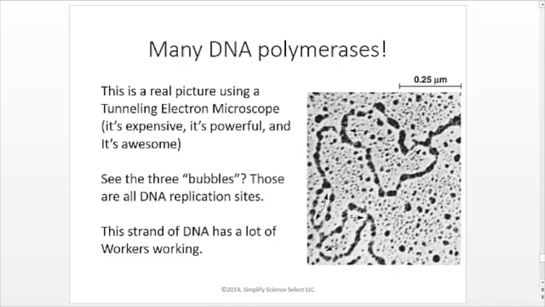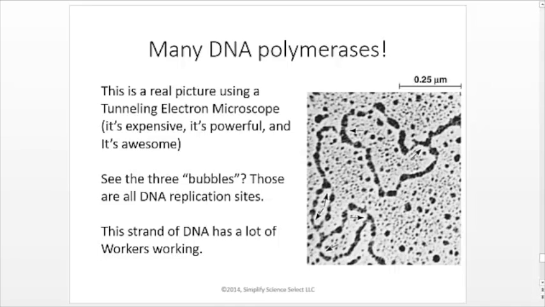So the picture to the right is made using a really cool piece of equipment called a tunneling electron microscope. Expensive, powerful, awesome. Each of those bubbles where you see the arrows is a spot where the DNA has been opened. Those are sites of DNA replication.